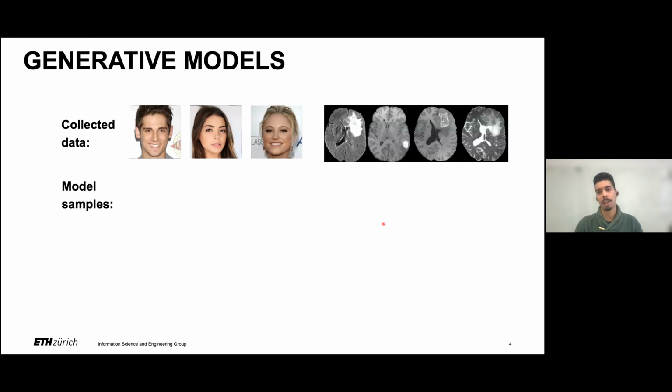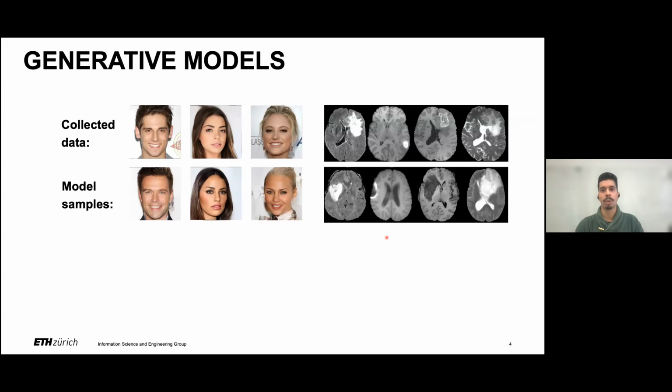And this can be highly complex data. And we'd like to construct a generative model using this data. This generative model would allow us to ideally create samples that look like the ones from the original data.